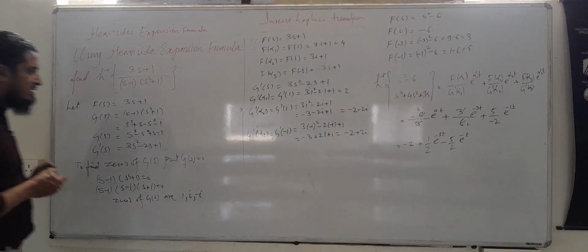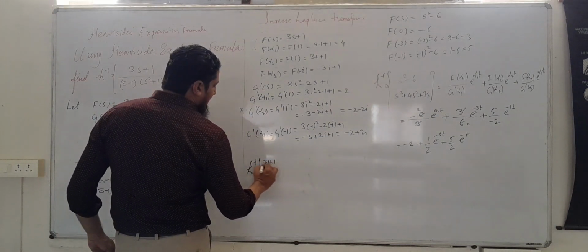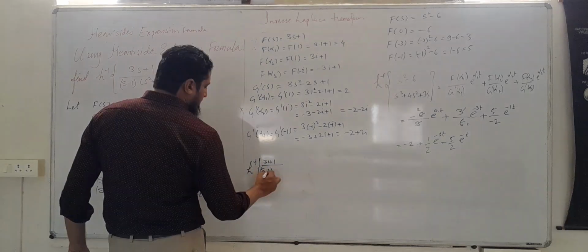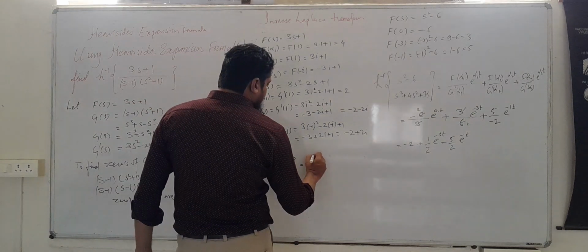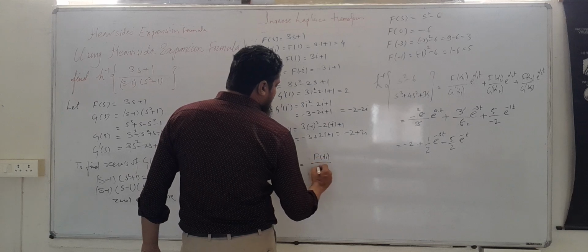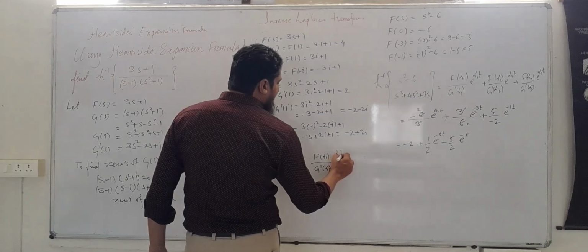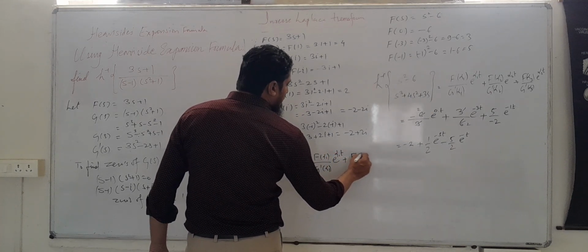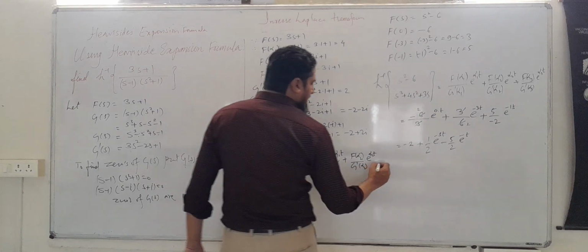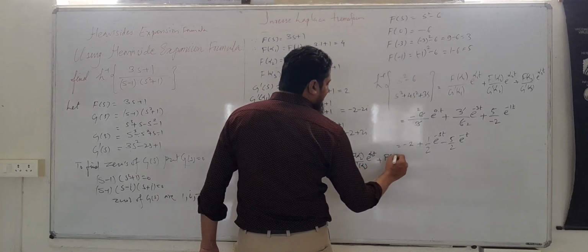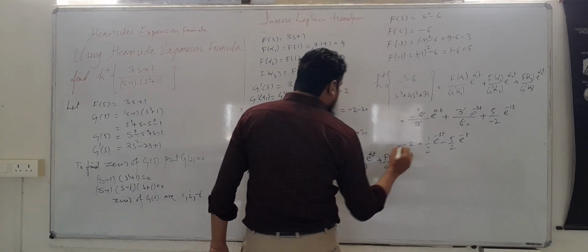Now putting these values in our formula, the inverse Laplace transform of (3s plus 1) upon (s minus 1)(s square plus 1) is equal to f of alpha 1 upon g dash of alpha 1 into e raised to alpha 1 t, plus f of alpha 2 upon g dash of alpha 2 into e raised to alpha 2 t, plus f of alpha 3 upon g dash of alpha 3 into e raised to alpha 3 t.